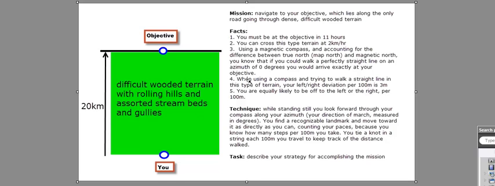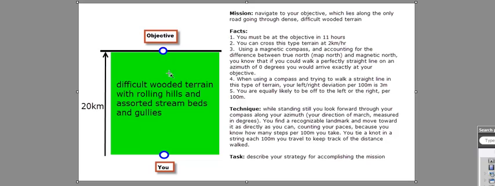You know furthermore from practice that when using a compass and trying to walk a straight line in this type of terrain, your left and right deviation per 100 meters is 3 meters. And you're equally likely to be off to the left or to the right of your intended direction per those 100 meters.